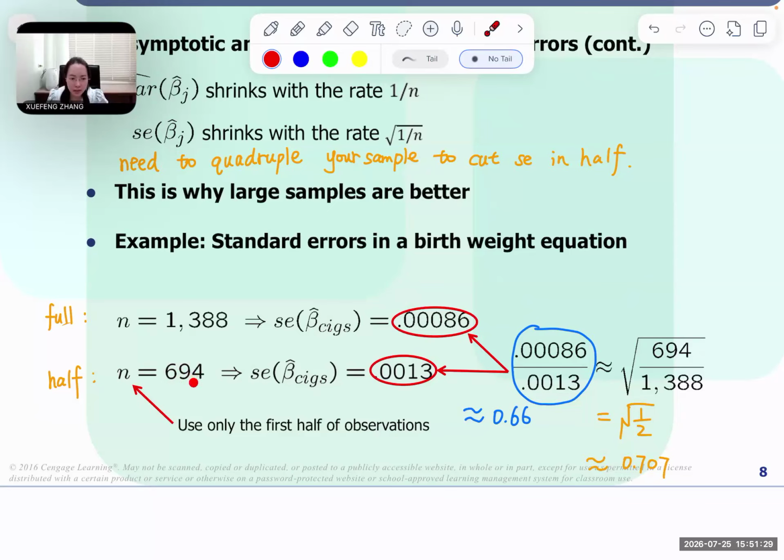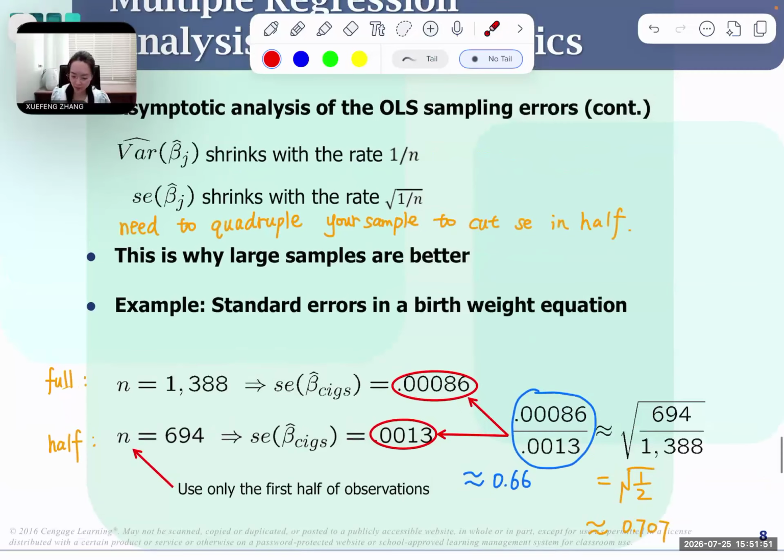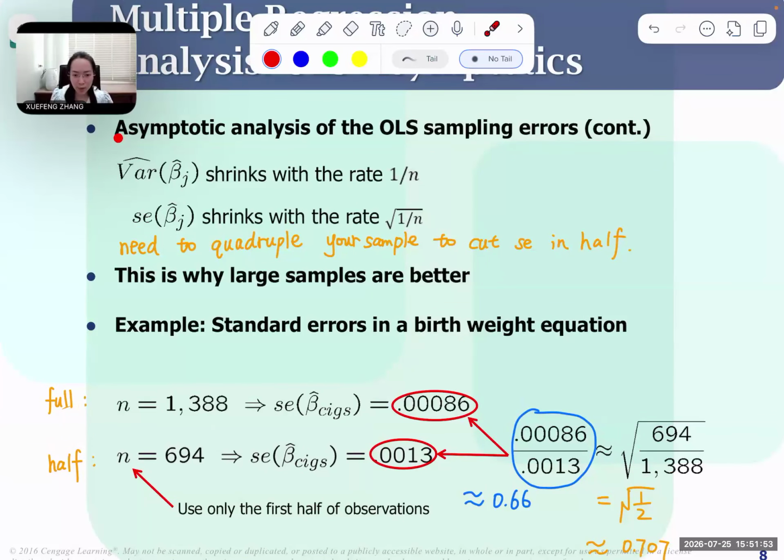It visibly and predictably inflates your standard error, following this exact square root rule. This is the practical numerical payoff of everything we derived today: asymptotics isn't just abstract theory.